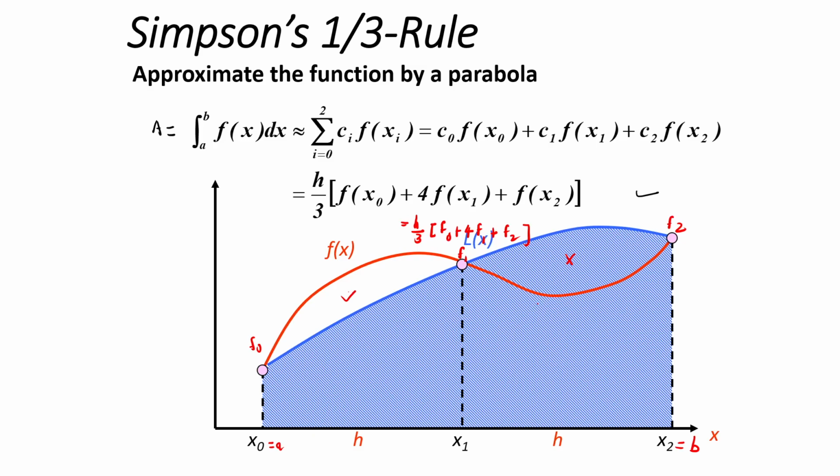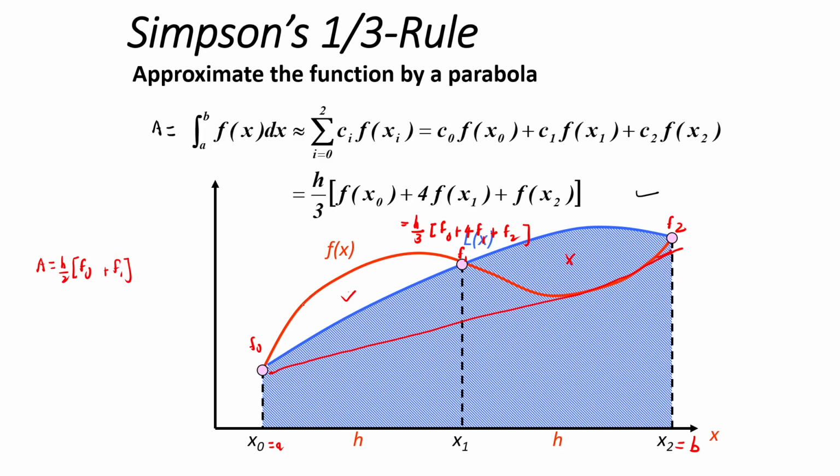Compare the trapezoid, which is only one segment. The trapezoid connects the points through a straight line, and the area of the trapezoid is h/2 [f0 plus f1], because with one segment you have only two data points. This is if you're using the trapezoidal rule for one segment.